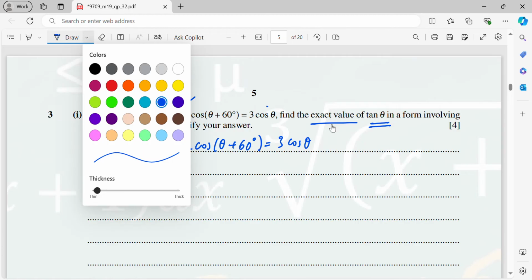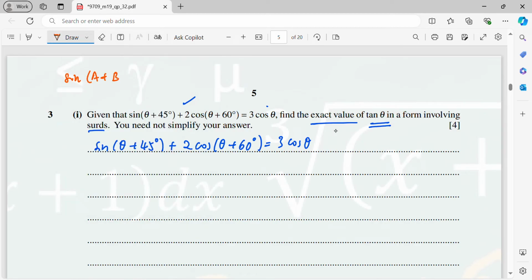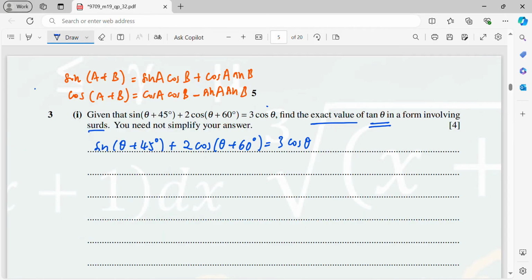Now, here, sine A plus B, that is sine A cos B plus cos A sine B. Then the other one, cos A plus B, it will be cos A cos B minus sine A sine B. So this is going to be sine theta cos 45 degrees plus cos theta sine 45 degrees.